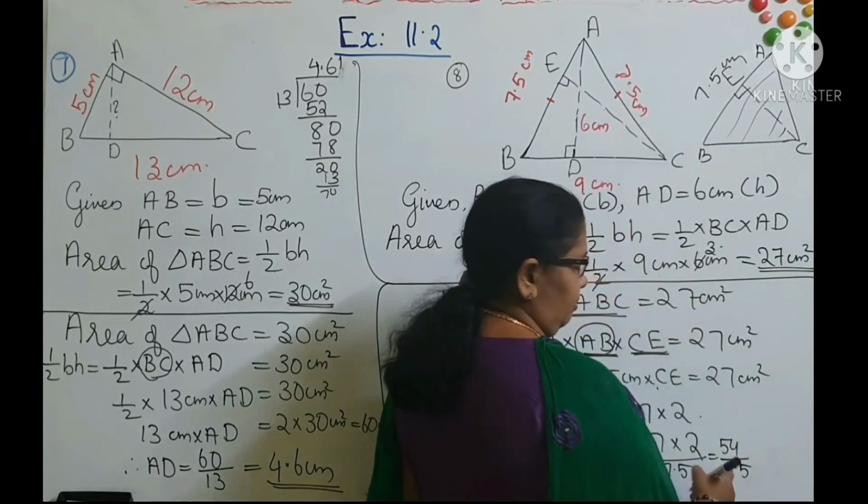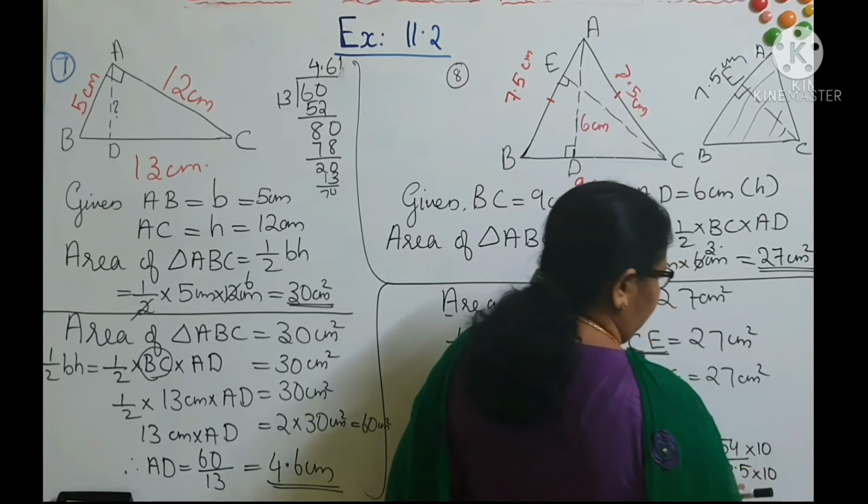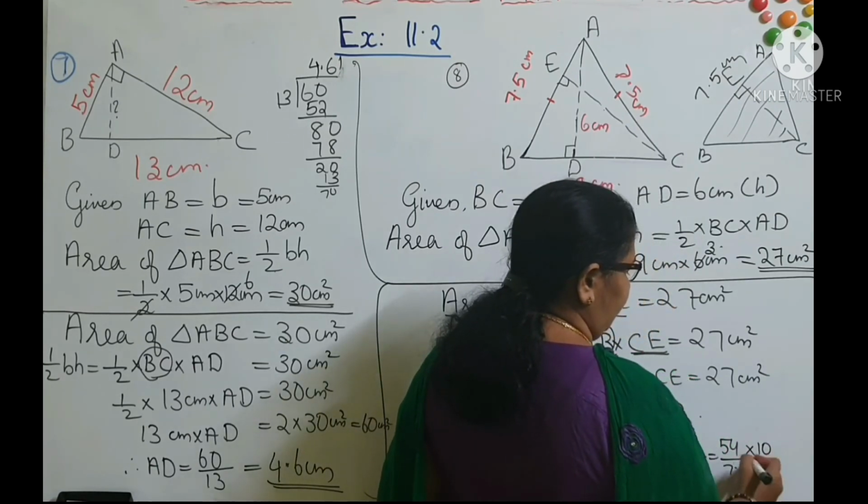It is a decimal number, so we can multiply by 10 because there is only one decimal place. So multiply by 10.